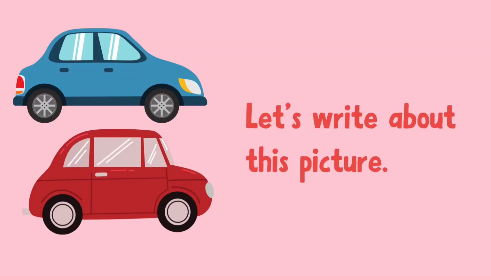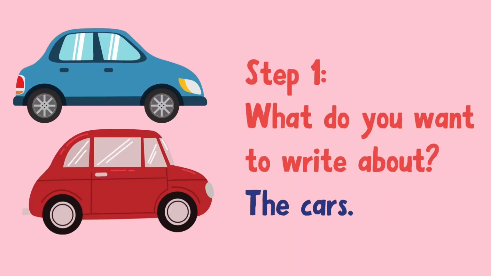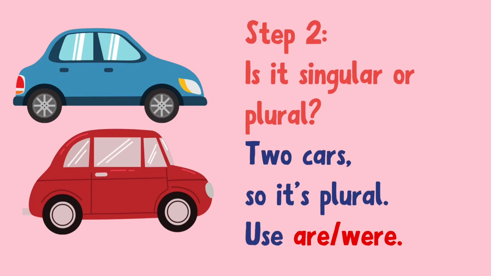Now let's write about this picture. Step 1. What do you want to write about? The cars. Step 2. Is it singular or plural? You see, we have two cars, so it's plural.